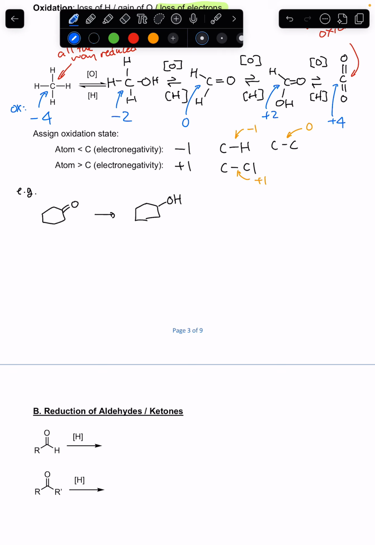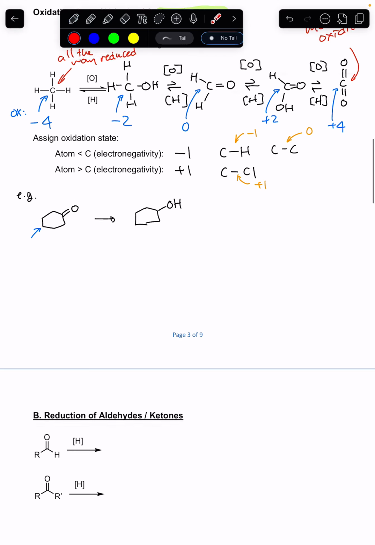What you do is you look at all the atoms that are involved. The atoms that are not involved in the reaction, of course, don't change. Can you calculate the oxidation state of this carbon? It's attached to 2 carbons, which doesn't change the oxidation state. That's 0, right? That's what we said over here.